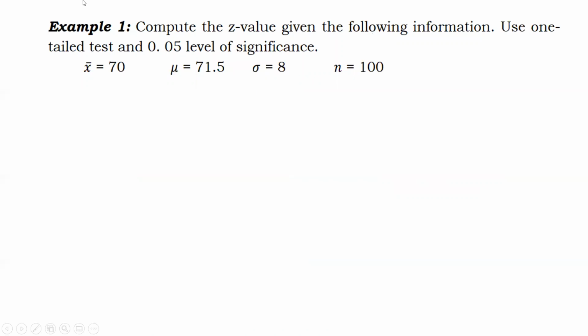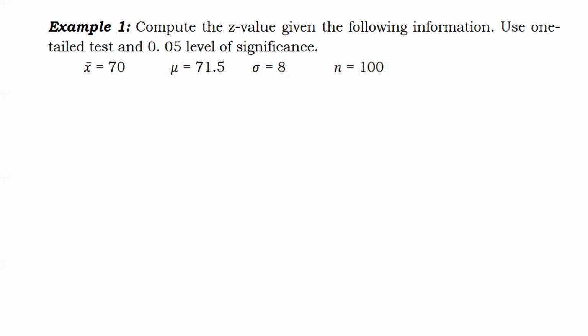Compute for the z value given the following information: one-tailed test and 0.05 level of confidence. Our sample mean is 70. Our population mean is 71.5.